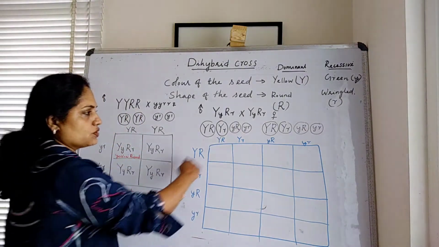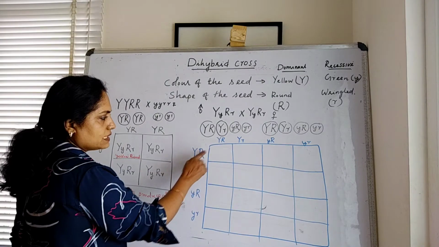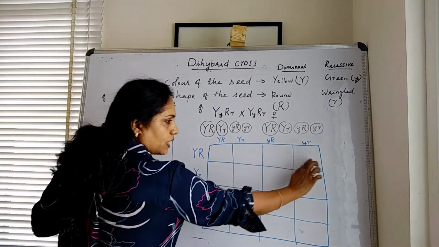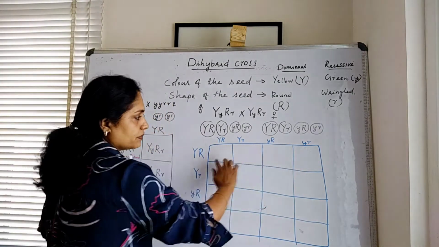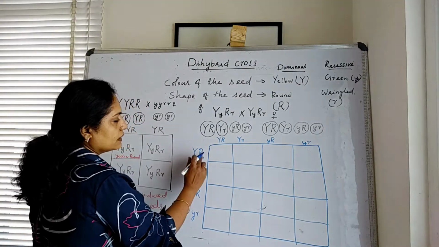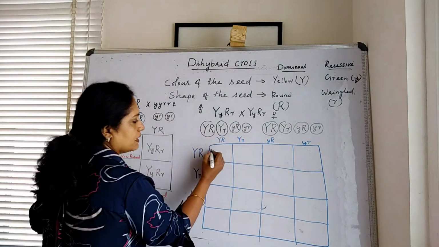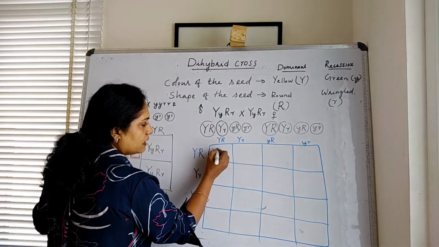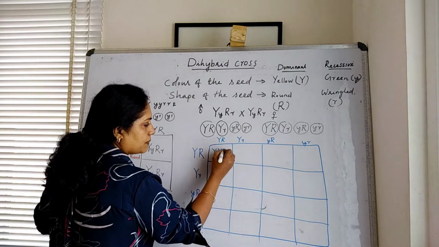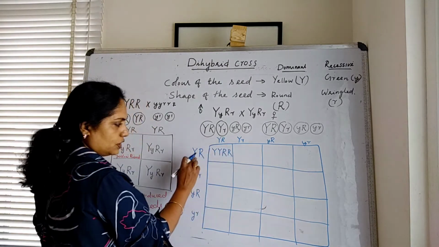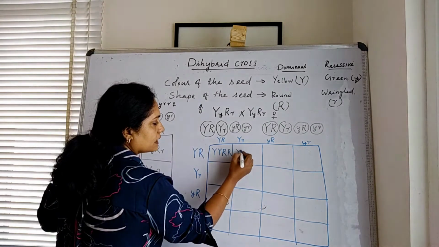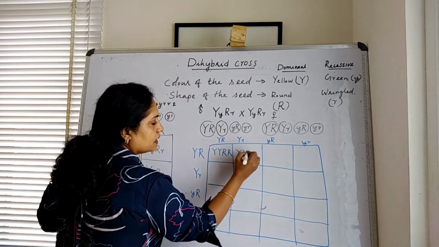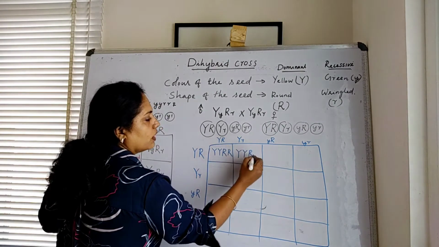Now we are crossing these gametes. If we cross this gamete with all of these, we write on the top row. Capital Y capital R and capital Y capital R, so we will get capital Y, capital Y, capital R, capital R. If we cross this with this, we will get capital Y, capital R and small r.